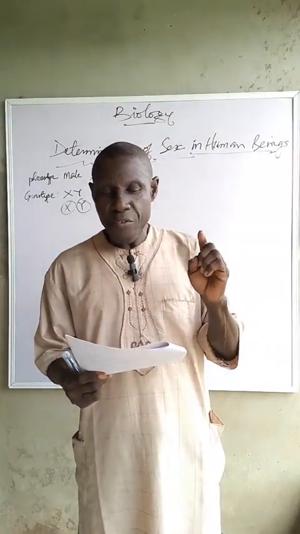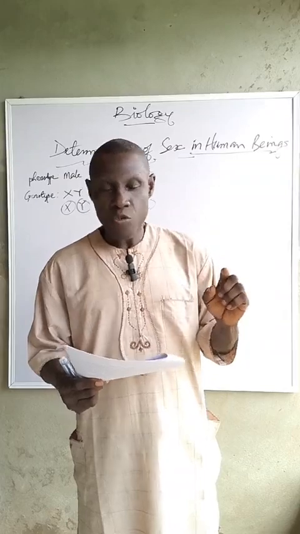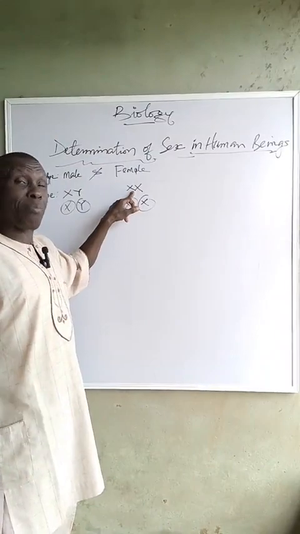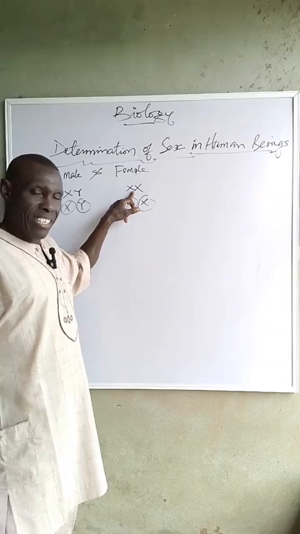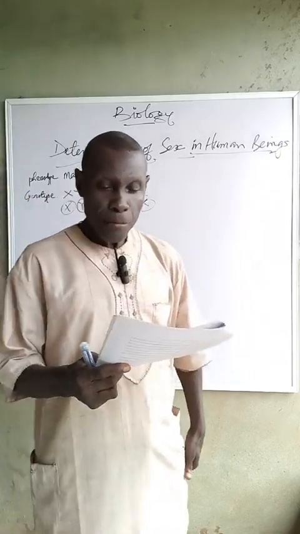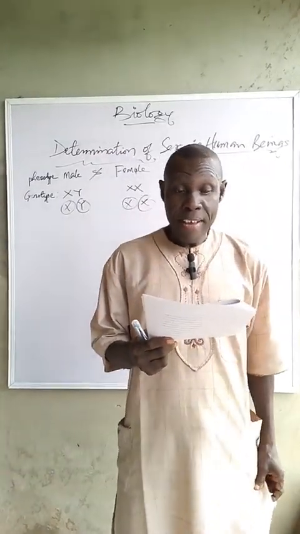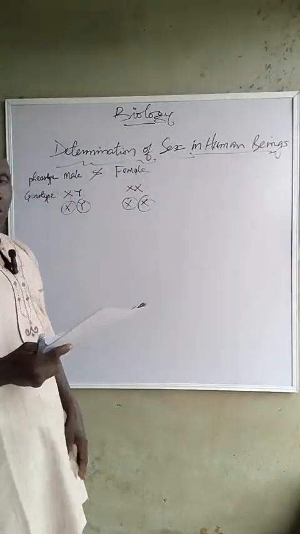Every normal female carries a pair of XX chromosomes. See it here, XX chromosomes. Every normal female carries XX chromosomes in the sex cells or the sex gametes. And every normal male carries a pair of XY chromosomes, XY chromosomes.